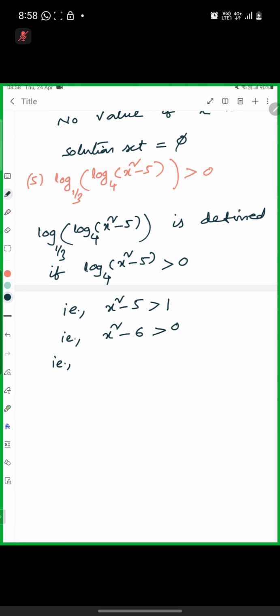Tell me the factors of this quadratic. Plus and minus root 6. x minus root 6 into x plus root 6. 6 can be written as root 6 whole square, then use the a square minus b square formula: a minus b into a plus b.